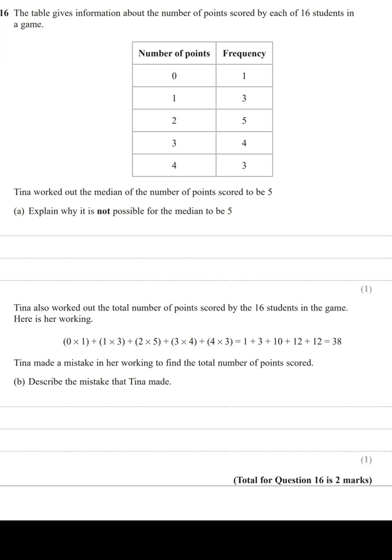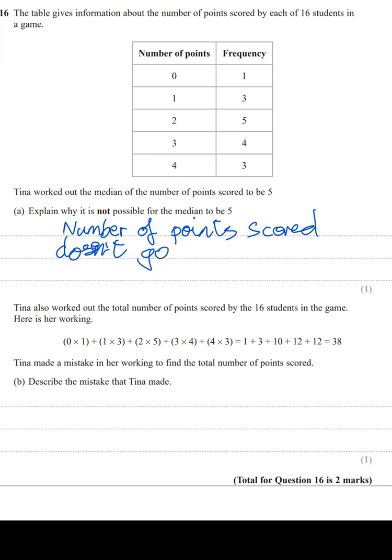Well, because the number of points scored doesn't go up to 5. It only goes up to 4. 4 is the highest, so you could put that 4 is the highest, and that would probably be a quicker way of answering it.